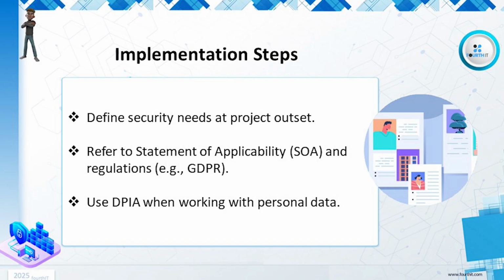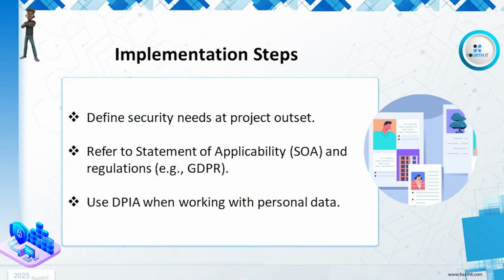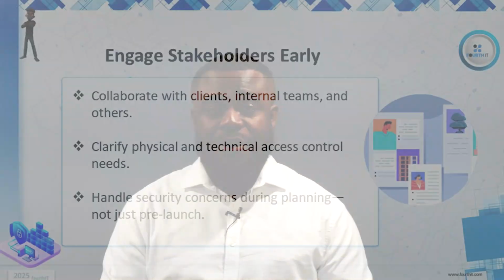Early in your project, you need to identify potential risks to data subjects and mitigate them. The DPIA is a document that shows how you have assessed privacy risks and plan how you are going to reduce them. So you can see how specific laws and regulations might necessitate including information security considerations at the beginning of the project. This ensures that you don't face any fines or compliance issues later on.